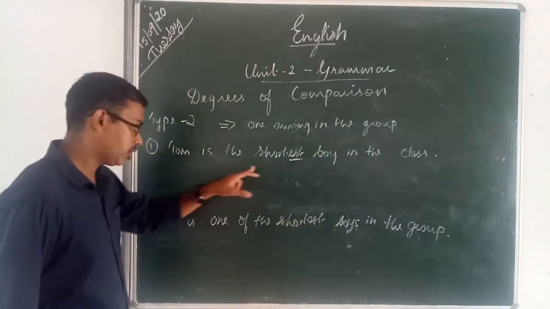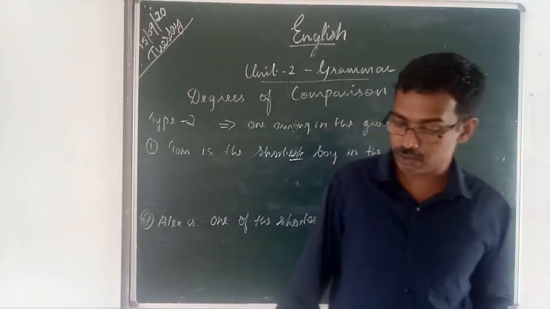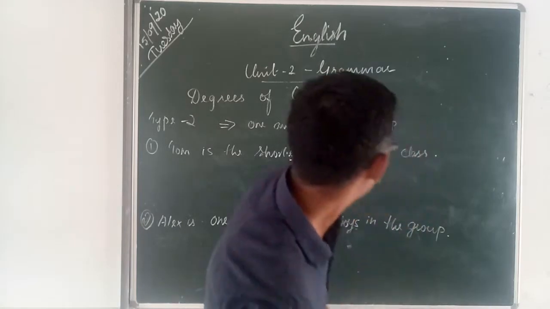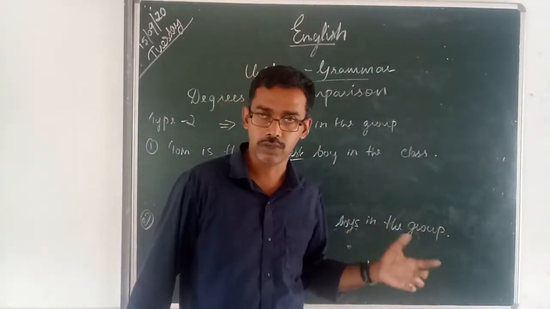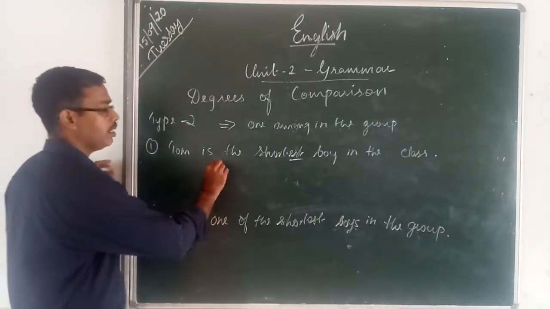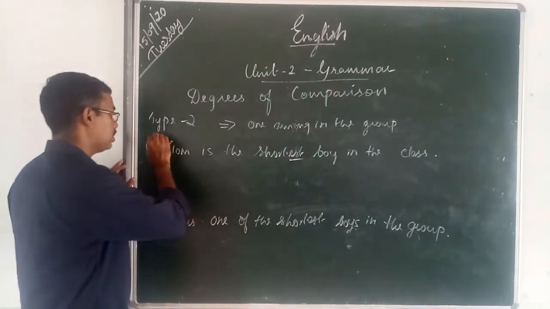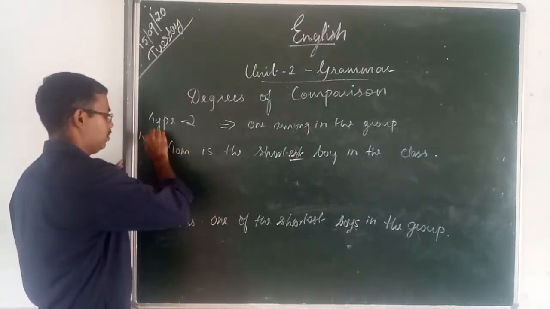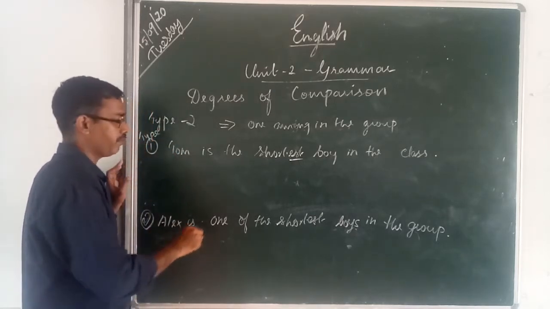Here Tom is the shortest boy in the group. Then how to change it? This is the first one. Just to recall once more, I will explain type 1 once more. Tom is the shortest boy in the group. This is type 1. How to change this into the superlative?